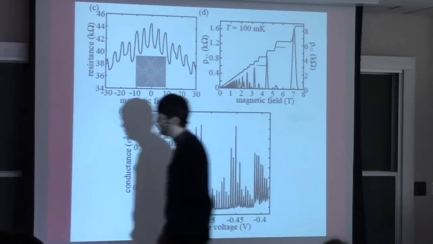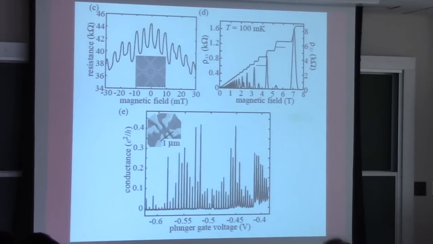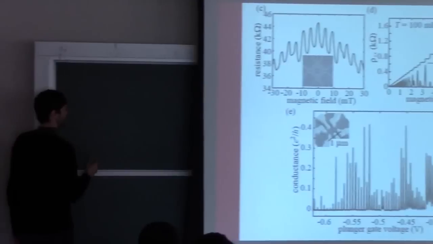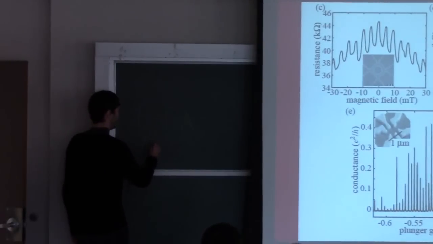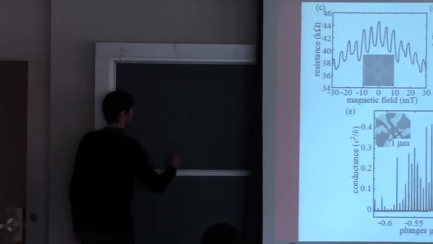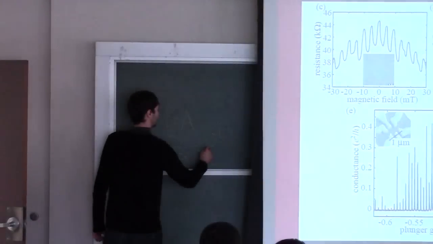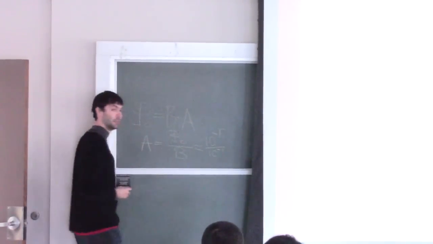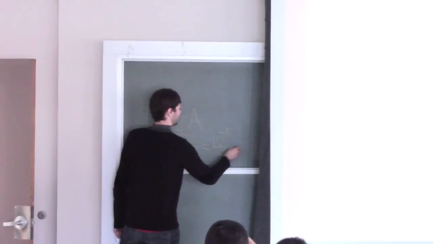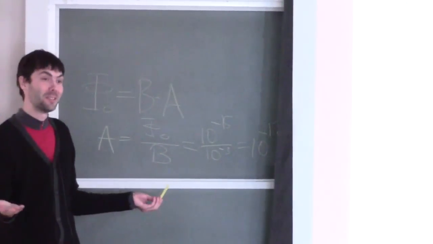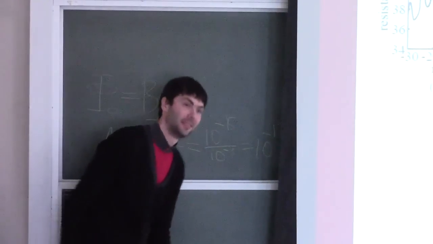The flux Φ0 is B times A, so the area is Φ0 over B. This is 10 to the minus 15, and this is 10 to the minus 3. So this is 10 to the minus 12, which is 1 micron squared. So the characteristic dimension of this loop is 1 micron.